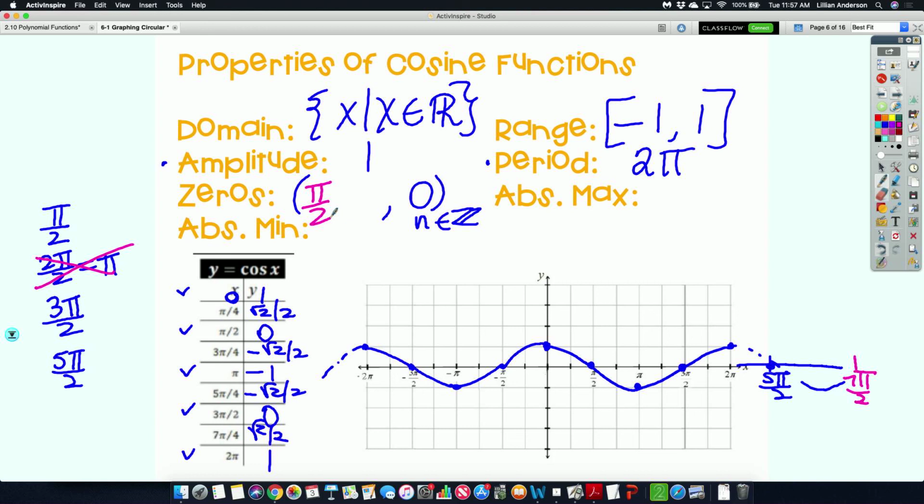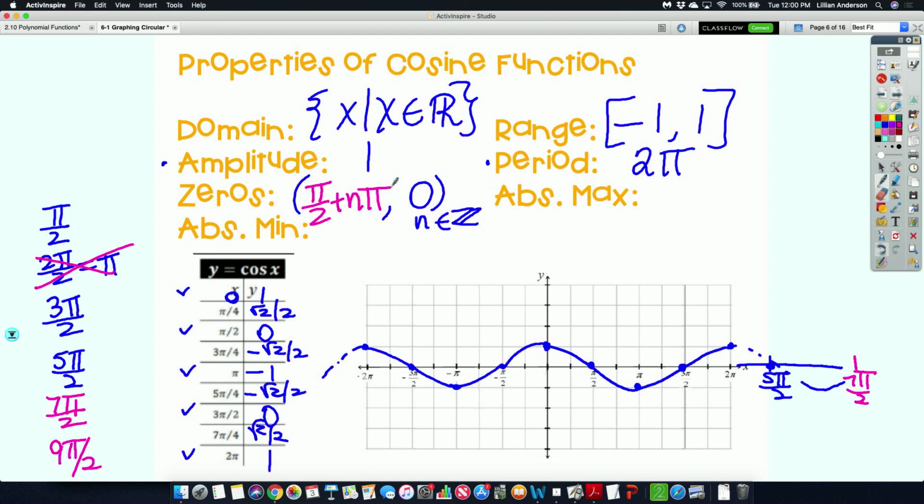How can I represent that space, that gap? You guys are going to need to be able to see what is the pattern. What is the pattern?